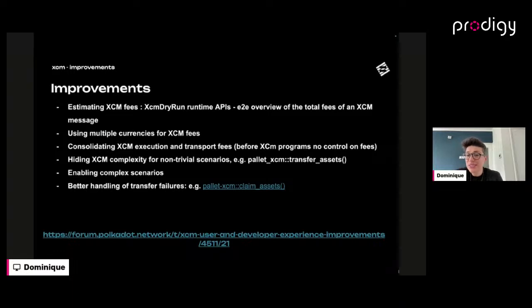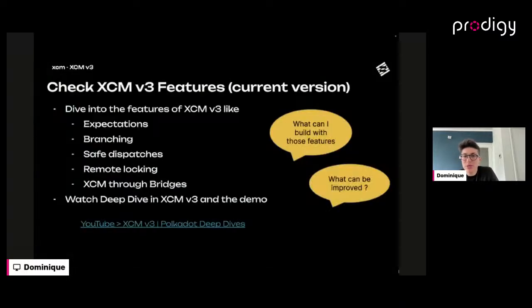And the last one, which is also really important when you're building a tool or an app using XCM, is better handling of transfer failures. So I will go a little bit back. In XCM v3, we have safe dispatches, right?